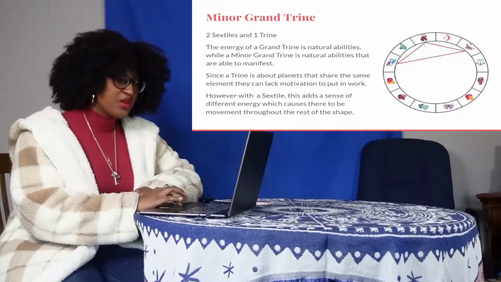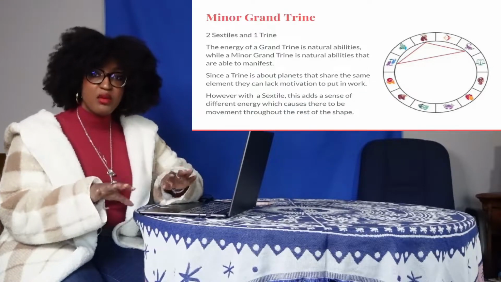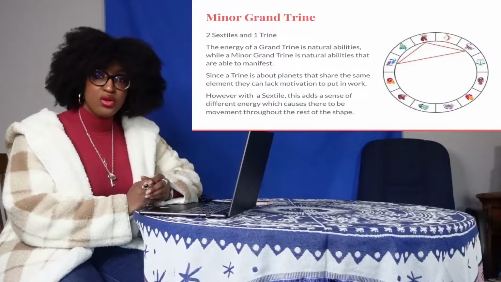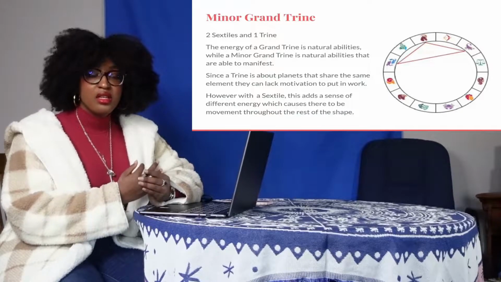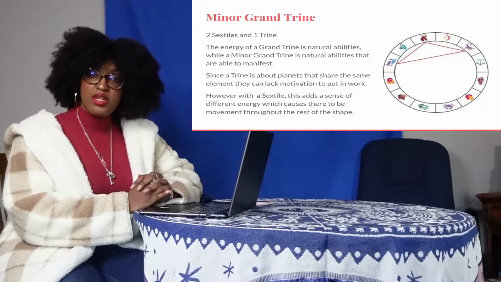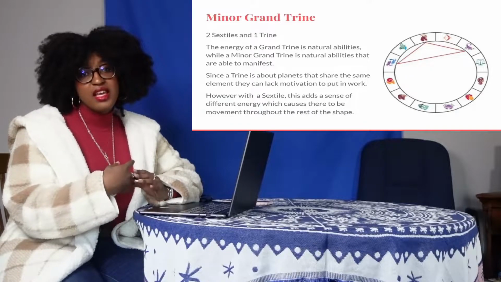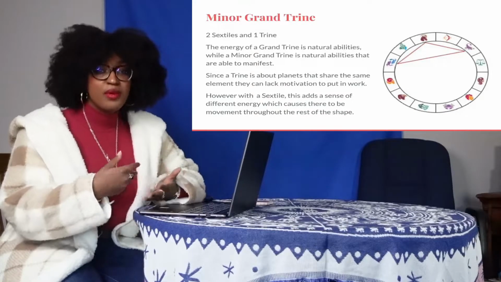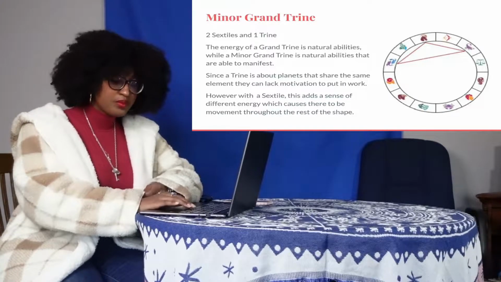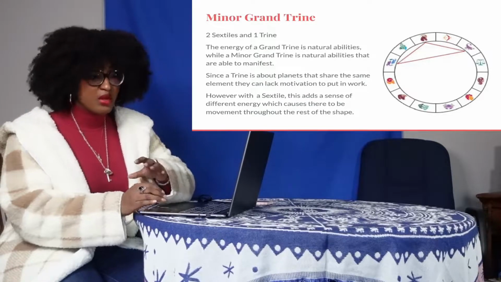So the sextile helps the two planets that have natural talents with each other be able to release that talent and be able to manifest into the world, and also be able to enjoy the energies because you value it more, because it's a talent you almost wouldn't have used, but now you've used it because you've put the energy into it.